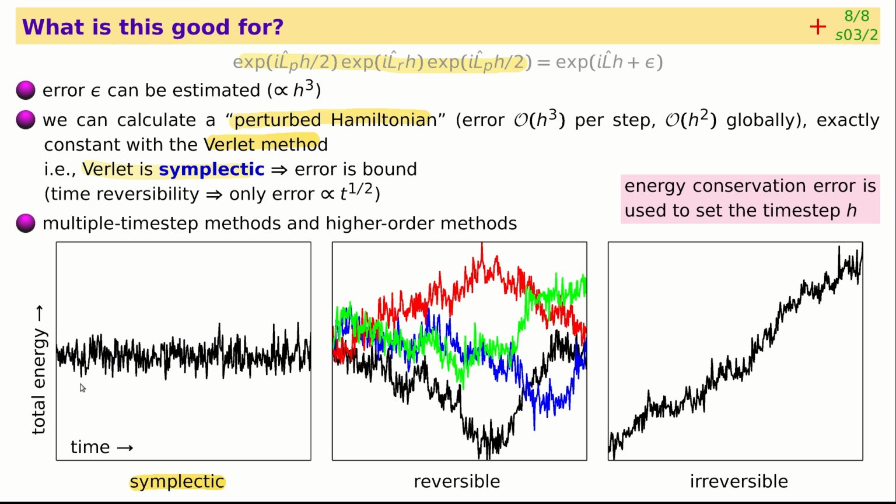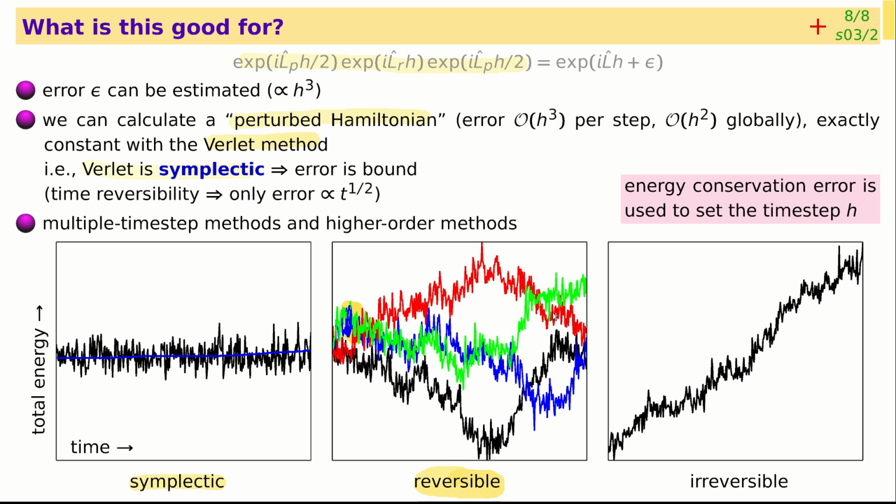Then, for a symplectic method, the energy fluctuates around a constant. If we have a method which is not symplectic, yet it is reversible, then the error at every time may be positive and negative with the same probability.